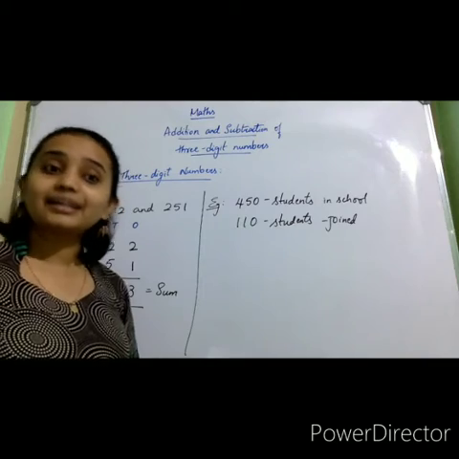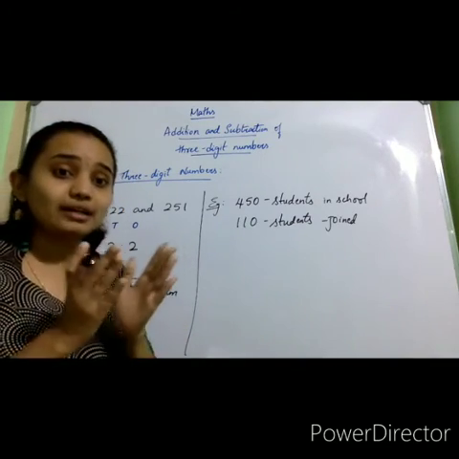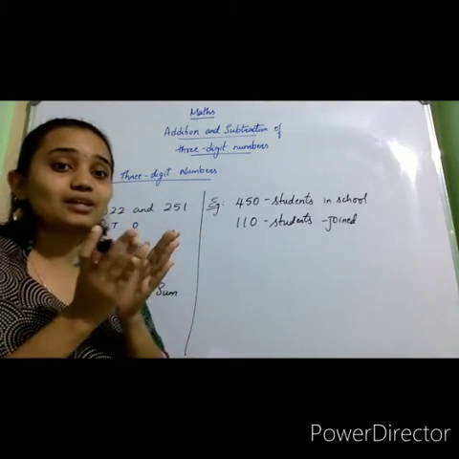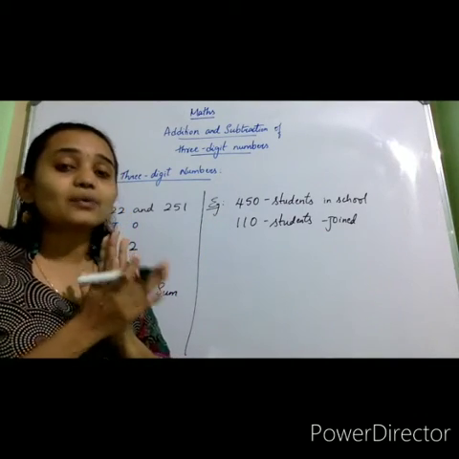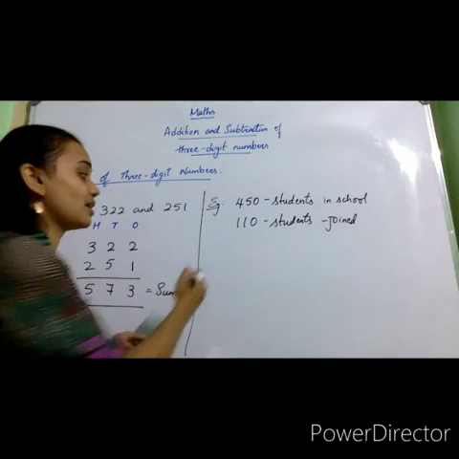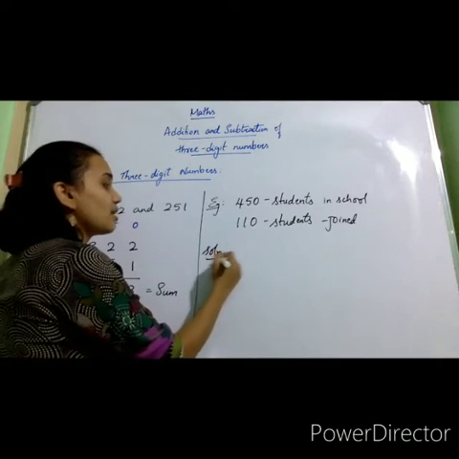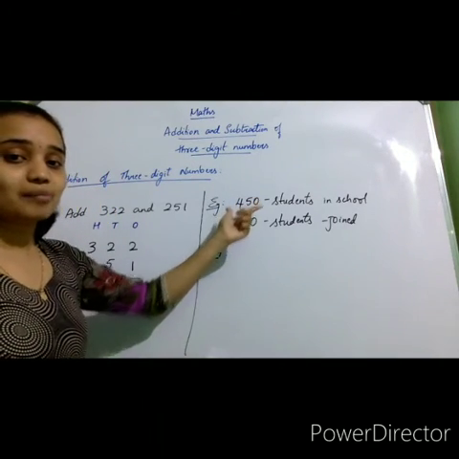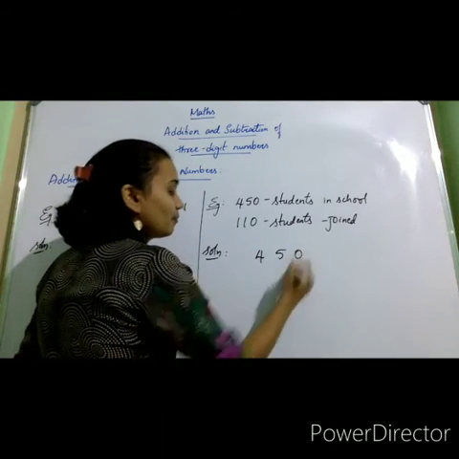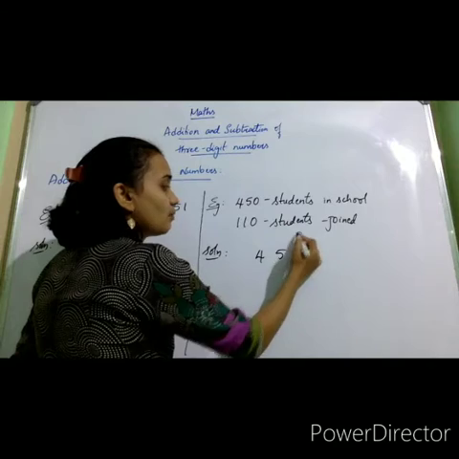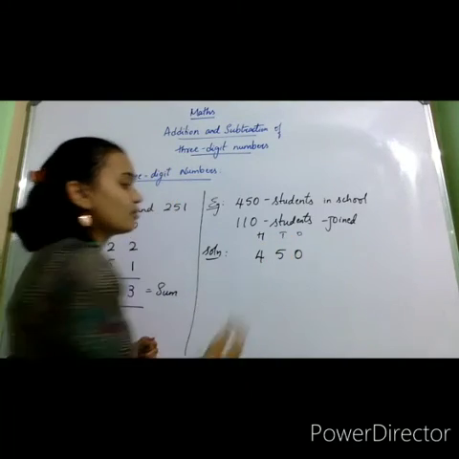How do we calculate? We are calculating the total. Once we bring the things together, we get all the students together. To find that total, we have to add the numbers. We write the numbers one below the other. 450: here 0 is in ones, 5 in tens and 4 in hundreds place.